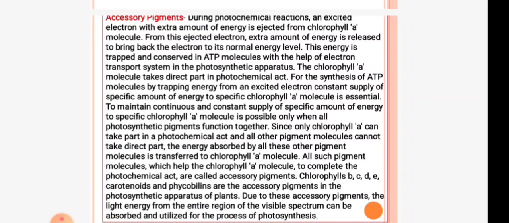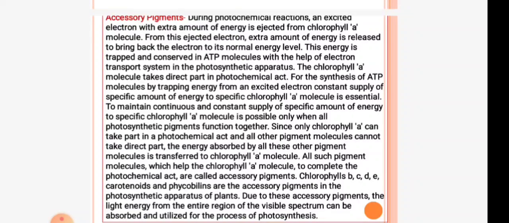So all photosynthetic pigments function together to supply more energy to chlorophyll A, since only chlorophyll A can take part in the photochemical act and all other pigment molecules cannot take direct part. The energy absorbed by all these pigment molecules is transferred to the chlorophyll A molecule.